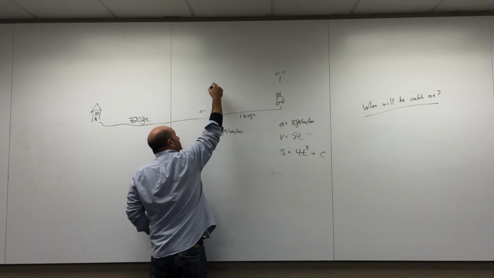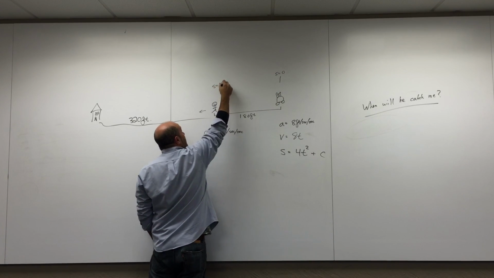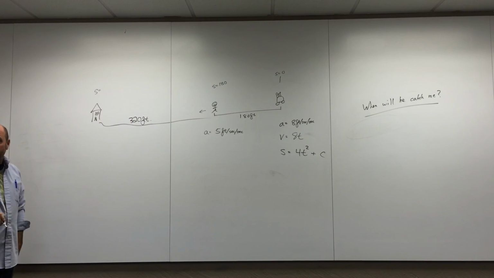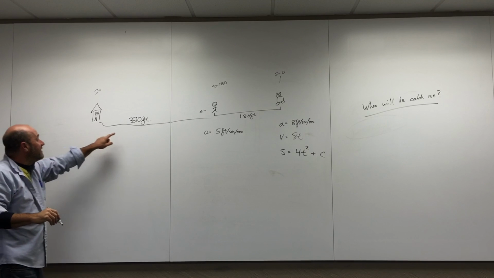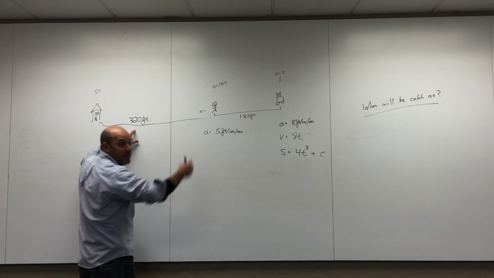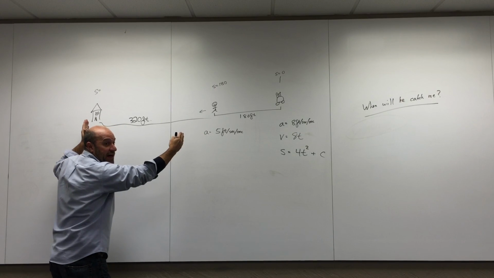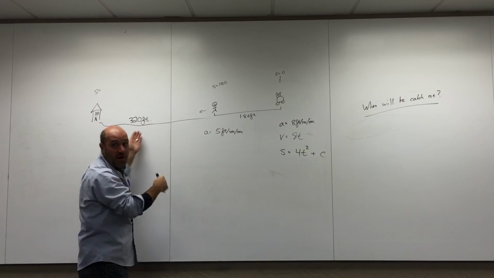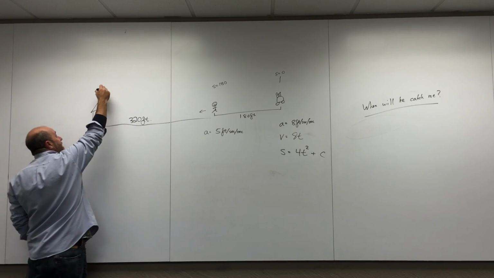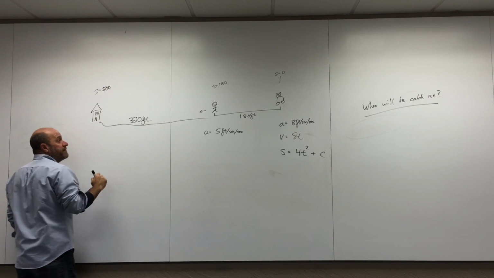I'm s equals 180. What's my house? When I put this 320 here, I meant that was from me to the house. That would be another 320 added to the 180. So my house would be s equals 500. You guys okay? Okay, good.